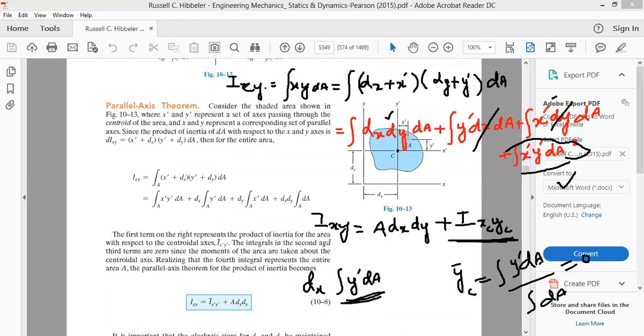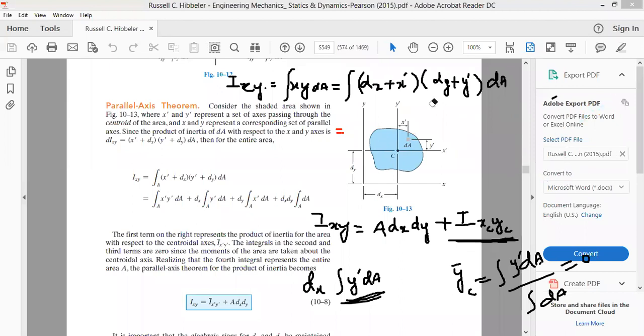What we obtain now, the formula that we have obtained, is the product of inertia about the xy system is equal to the product of inertia about the x prime y prime system. The product of inertia about the xy system is equal to the product of inertia about the x prime y prime system plus area multiplied by the distances between the x and y axes.